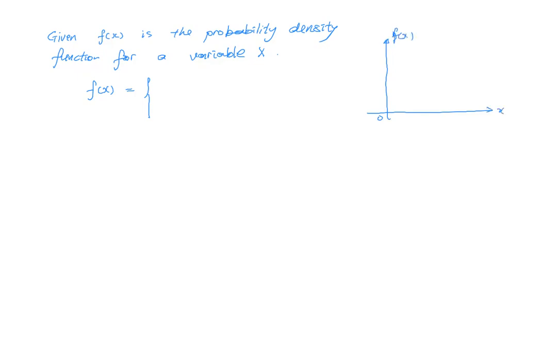Okay, let me show you a graph first. 1/25 x for x between 0 and 5 and 0 otherwise.